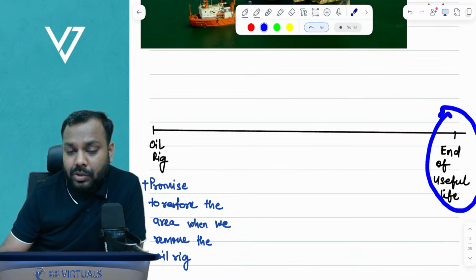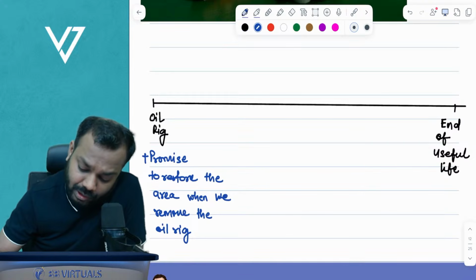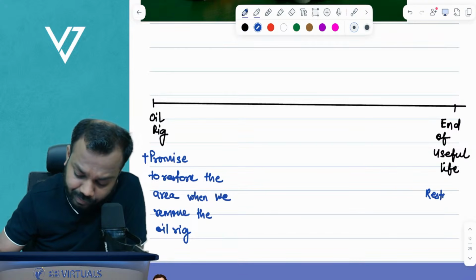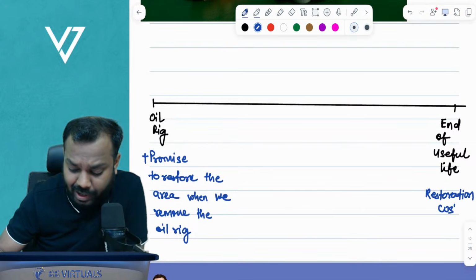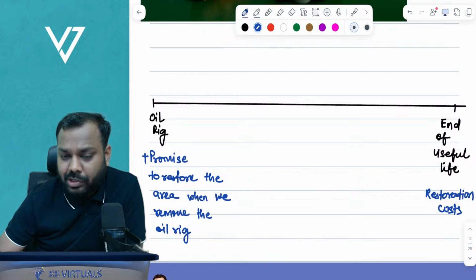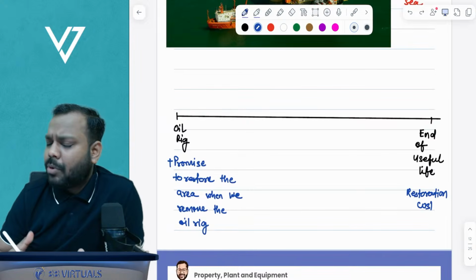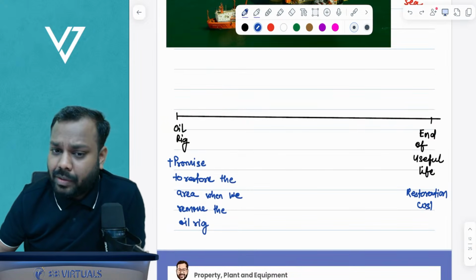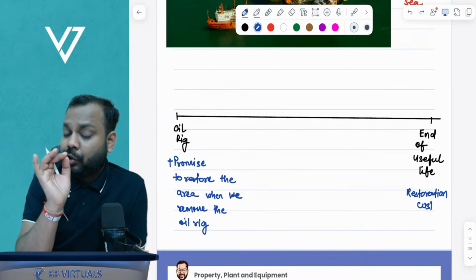So now the cost to restore, the restoration cost, will be incurred here. Are you understanding this part? Come on guys, have you understood the narrative? I'm not talking about accounting treatment, that I have not explained so far. I'm just asking, did you understand the storyline?